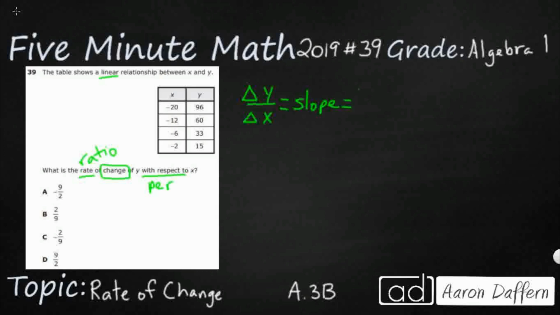So we're going to go to our trusty slope formula, y sub 2 minus y sub 1 over x sub 2 minus x sub 1. That's going to get us the change in y over the change in x. It doesn't really matter which pair we use, so I'm going to make this my x sub 1, that my y sub 1, and let's make this my x sub 2 and my y sub 2.